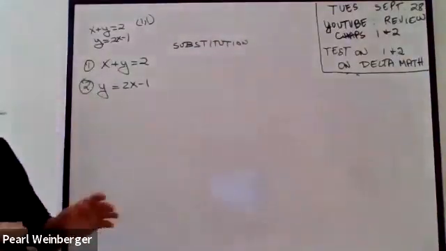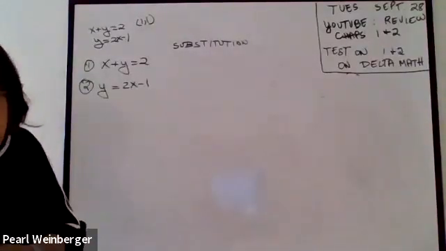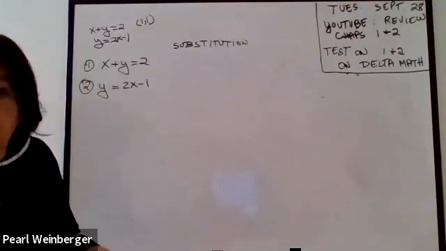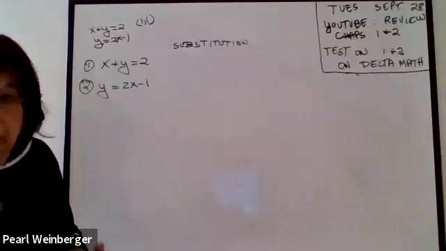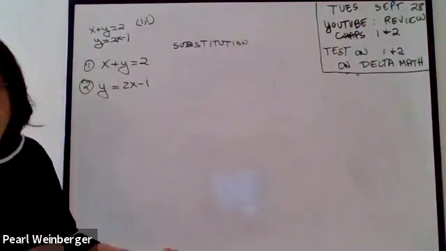You know what substitution means. It means using one thing in place of something that's equal to it. If you have two things that are the same or equivalent, or really they are the exact same thing, then you could use one in place of the other.